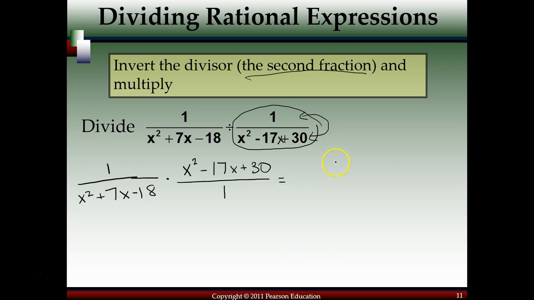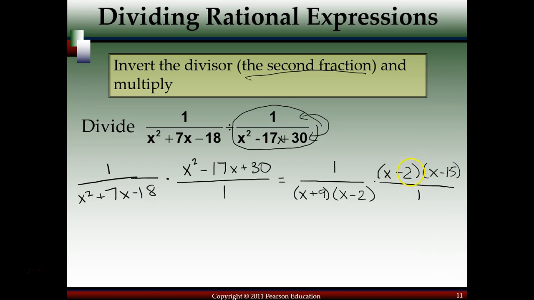So now you should already know the factors that this breaks down into. This breaks down into x plus 9 and x minus 2. And the second expression, the numerator, factors out to x minus 2 and x minus 15.